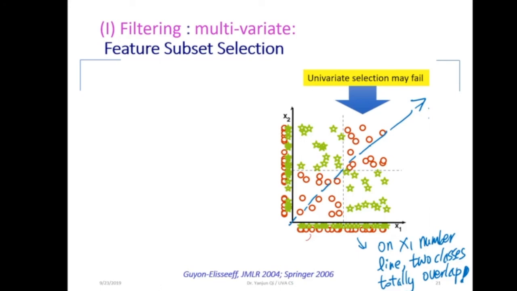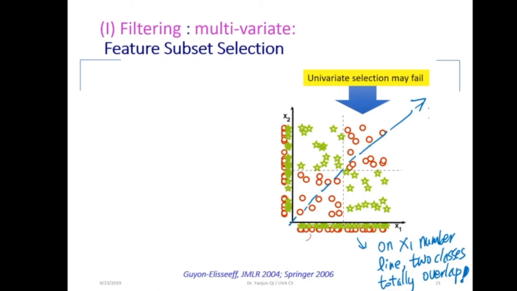So this figure gives you a very classic reason why we want to select subsets. Who can give me a guess? Let's just use the correlation, or actually, this is a classification.